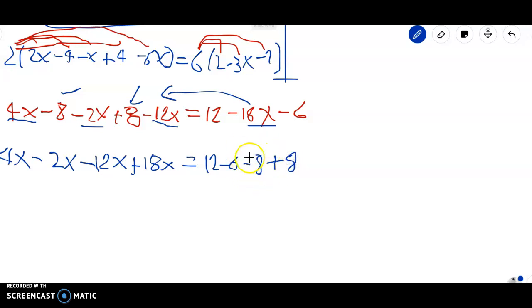Here, for example, we have minus 8 plus 8, they will be cancelled, so it will be 0.